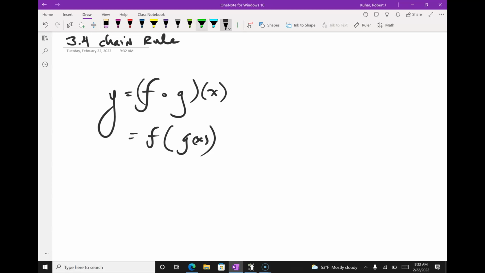So it's pretty easy to see that we're talking about an outside function and an inside function. Now, I need both functions to be continuous and differentiable, okay?